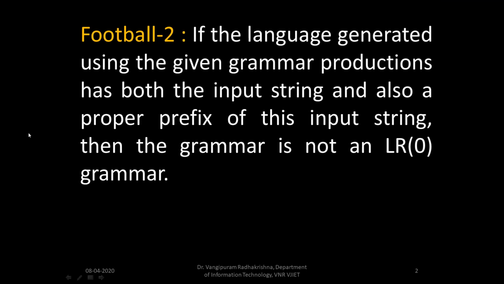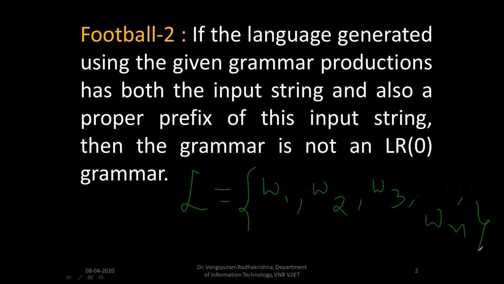Now we shall see what football 2 actually is. As far as football 2 is concerned, assume that we have a language wherein the language has some set of strings. As usual, the notation W would be used to indicate a set of all possible strings. Now assume that the given language has n strings W1, W2, W3, so on to Wn.